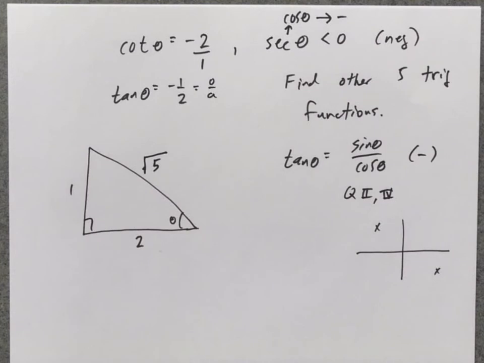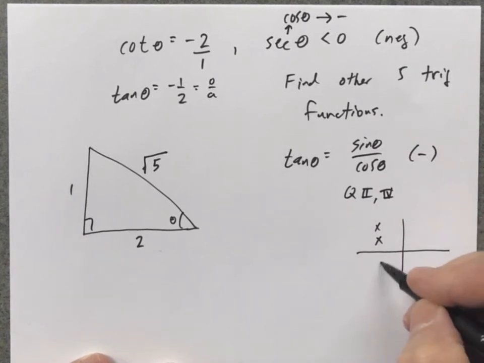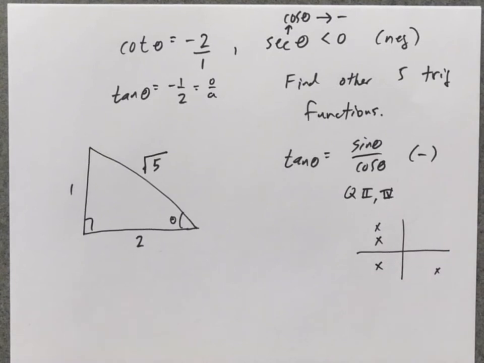Now, based upon that, let's think about the cosine being negative. Of the 4 quadrants, for which quadrants is the cosine going to be negative? And if you need to think about it, cosine tracks x. So if you think about your quadrants here, in which quadrants is x negative, which means cosine negative? Turns out quadrants 2 or 3 is where the cosine is negative.